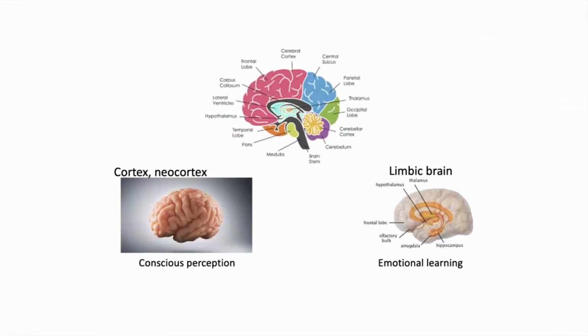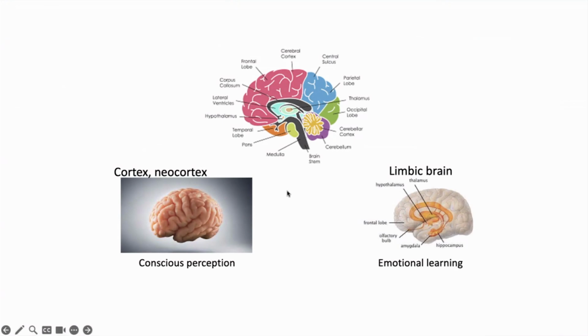So very simply, I'm dividing the brain into two pieces. The neocortex, this is the conscious perception machinery, while the subcortical limbic circuitry includes hippocampus, amygdala, nucleus accumbens, and their interaction, all of which creates the emotional coloring that is transmitted to the cortex, and also creates the learning signal of evaluation with which we either amplify or decrease the importance of the nociceptive signal that's being transmitted from the periphery to the cortex.